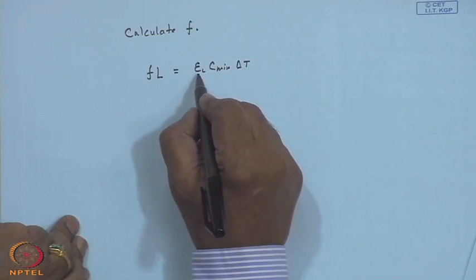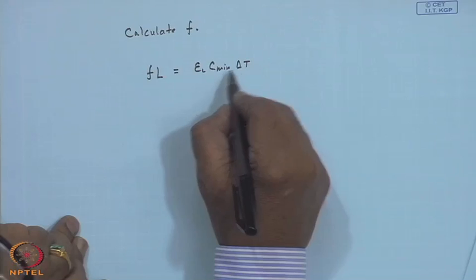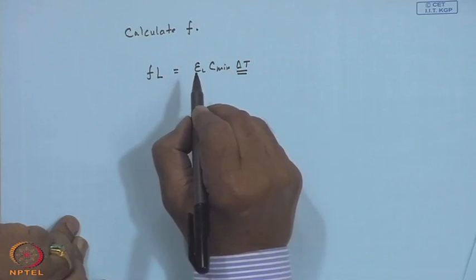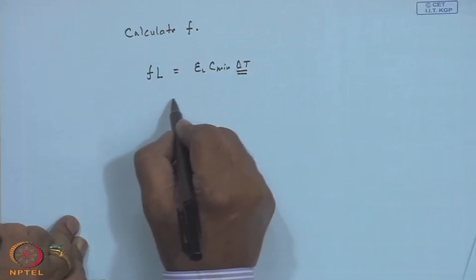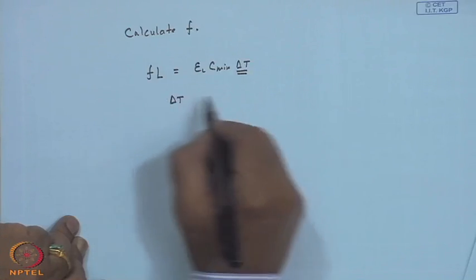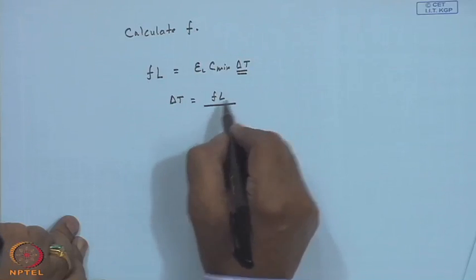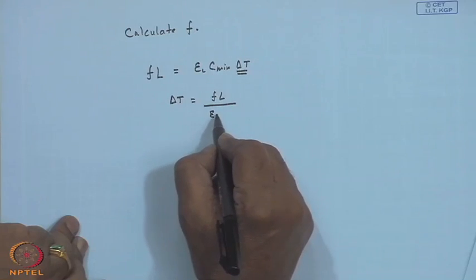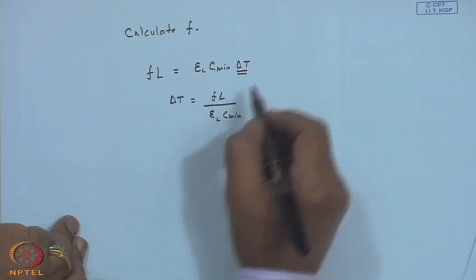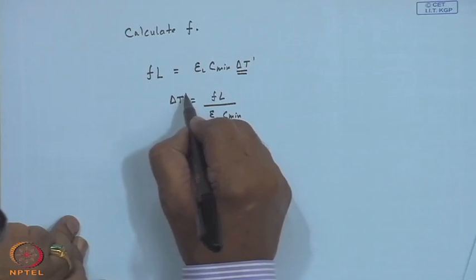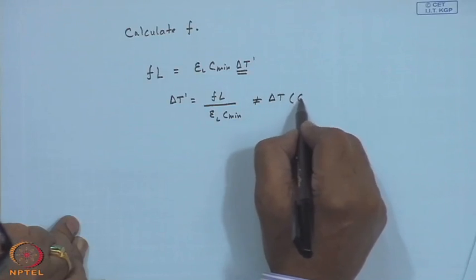If this is the effectiveness of the heat exchanger multiplied by the specific heat minimum and a delta T available across the heat exchanger should be equal to the energy gain. So, from this I will get a delta T equal to epsilon L by FL by epsilon L C minimum, which is I will call it a 1 not equal to delta T, which we guessed.